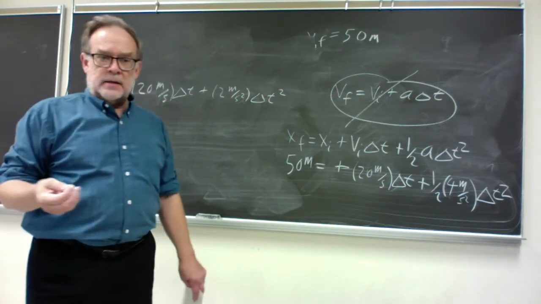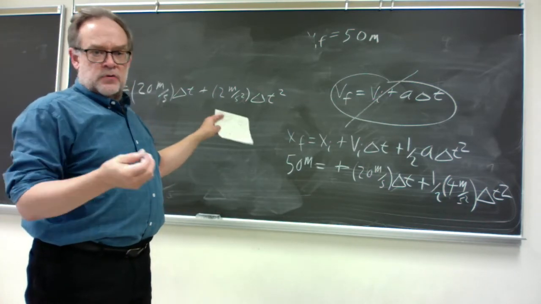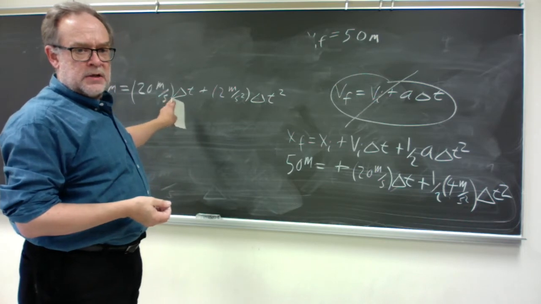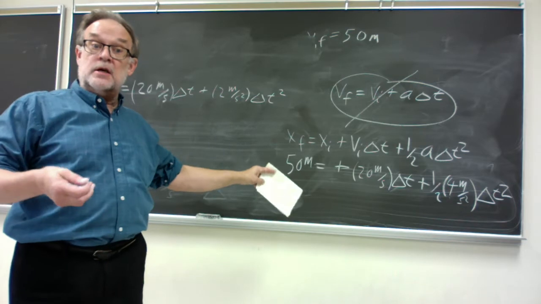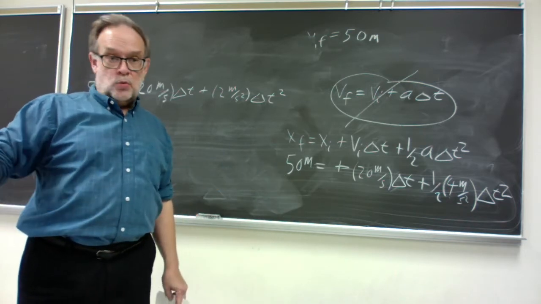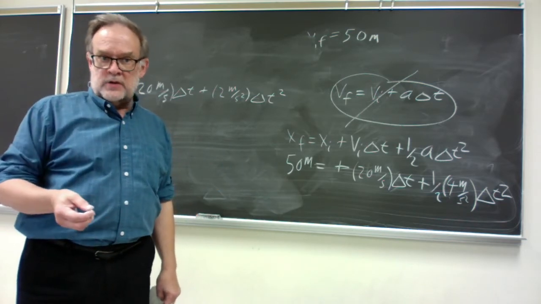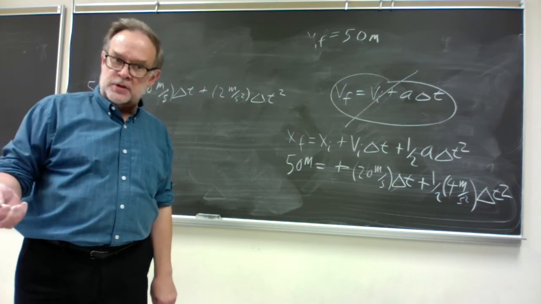And solve for delta t. The trick here is that delta t comes with both a delta t term and a delta t squared term. But way back in your previous algebraic experience, you dealt with these kinds of things.